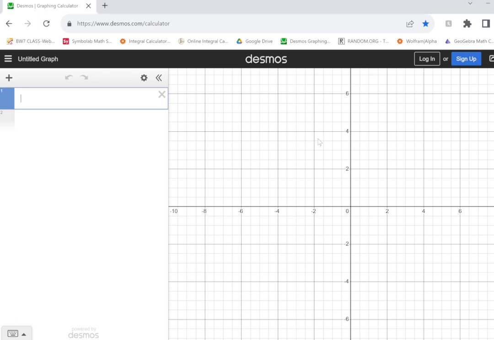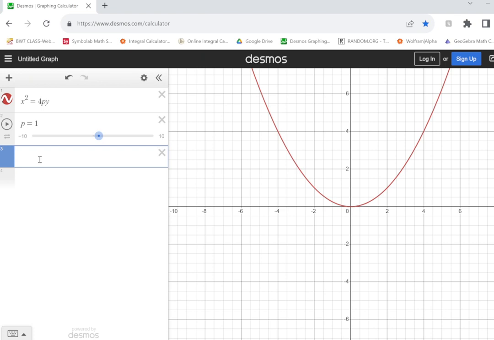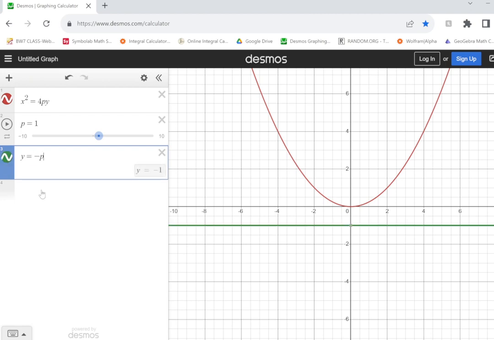So what we have here is a graph on Desmos, and let's look at what happens if we graph x squared equals 4py. We'll add a slider for p, and we'll let the directrix be y equals negative p, and our focus is 0, comma p.